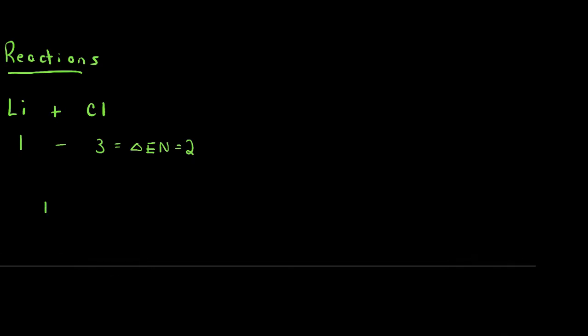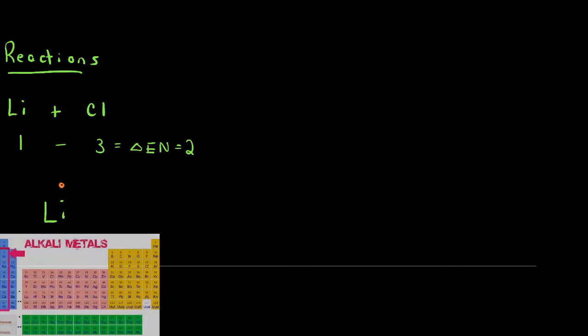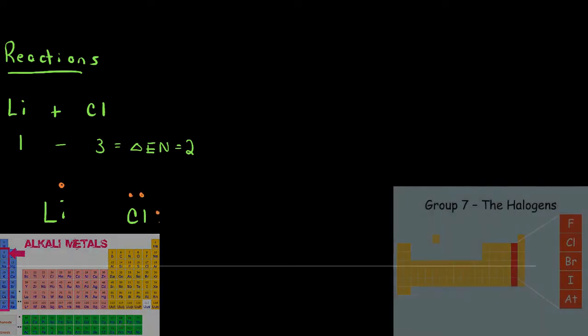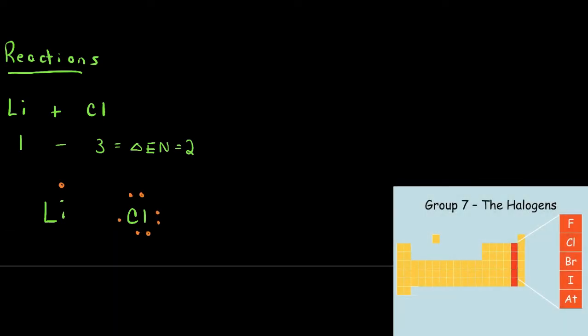So lithium, it starts out, now this is called a Lewis diagram. We're only going to put the outermost electrons for this. We know lithium has 1 valence electron. Chlorine on the other hand, chlorine as we would find it on the periodic table, it's in group 7, so it has 7 valence electrons.